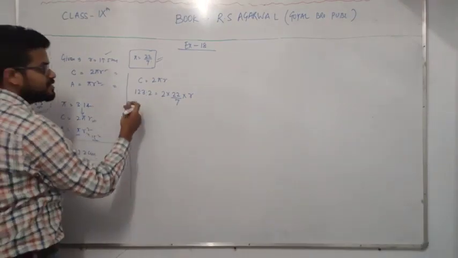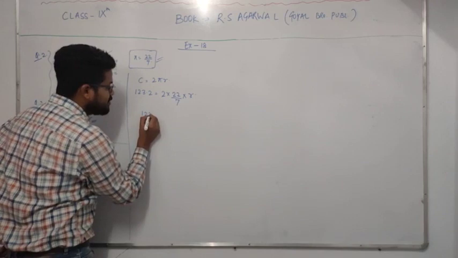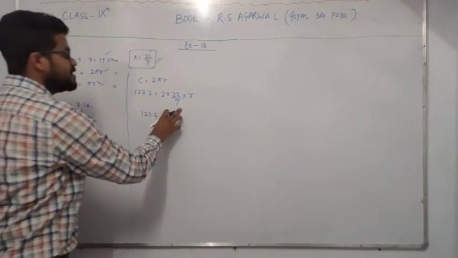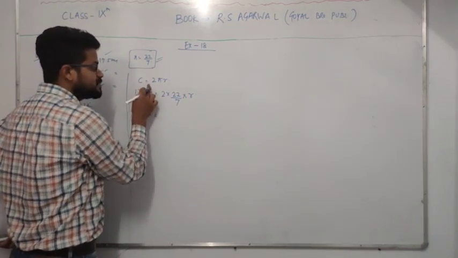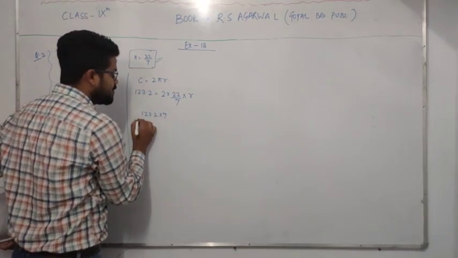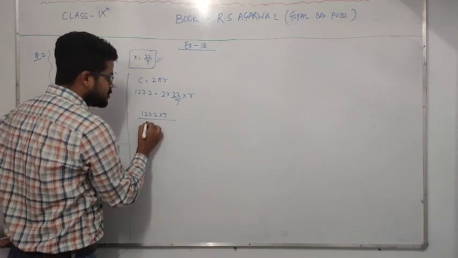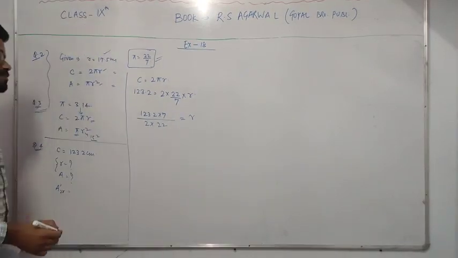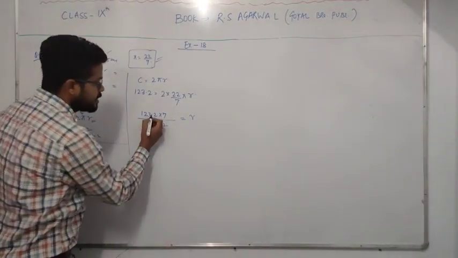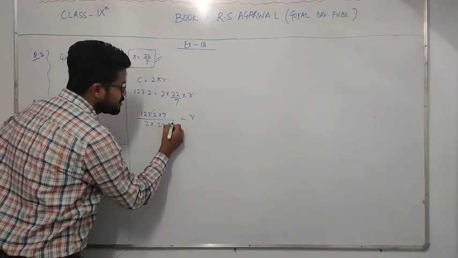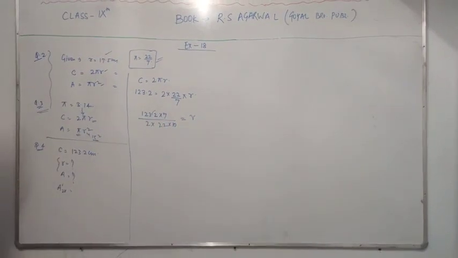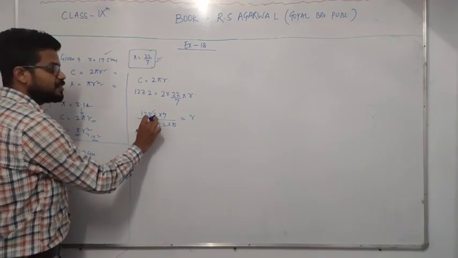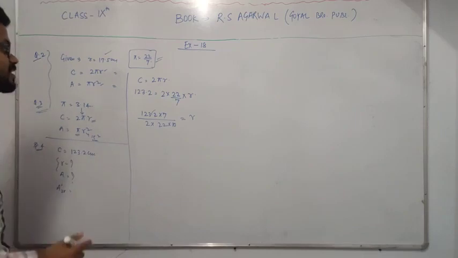Rearranging this equation, 7 is in division on the right side, so when it comes to the left-hand side it multiplies with 123.2, and the 2 into 22 is in the denominator along with r. Here there is a decimal, so in the denominator I put 10, because the decimal is after one place.